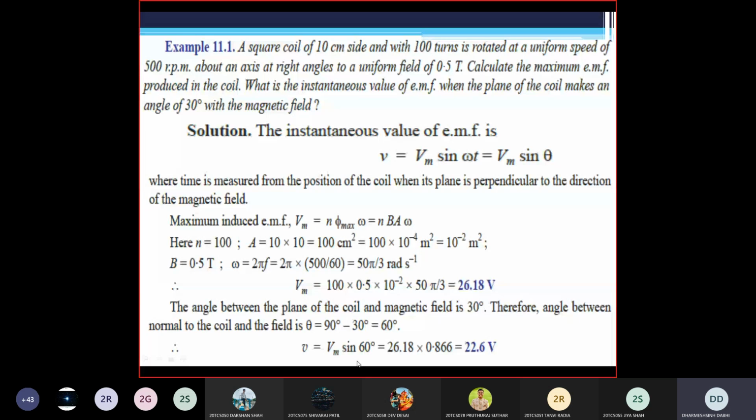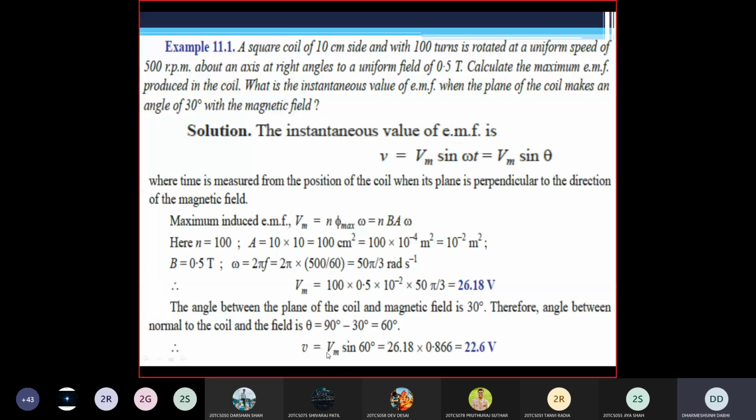In the equation V is equal to Vm sine theta, theta is the angle between the normal of the coil and the field. But here the angle given is between the plane of the coil and the magnetic field, that is 30 degree. So the angle between the normal to the coil and the field is 90 minus 30. So theta becomes 60 degree.